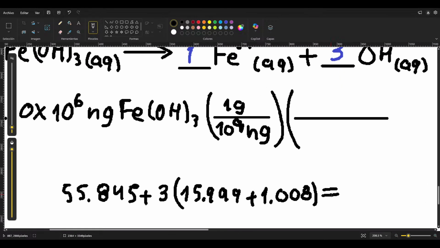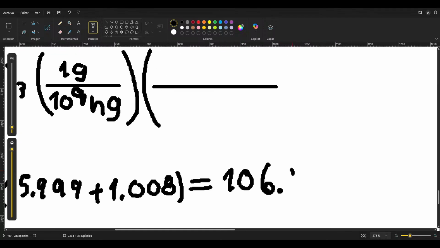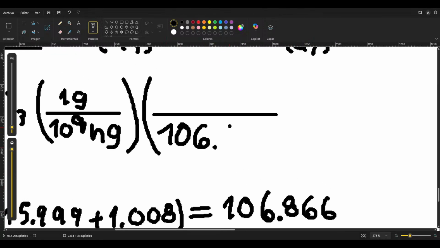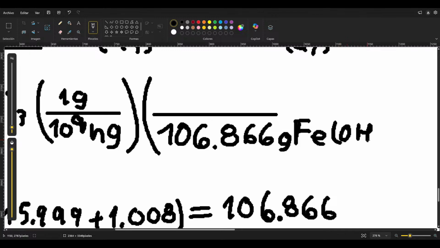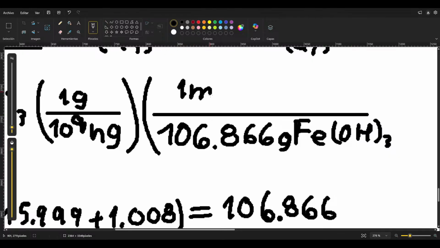So this molar mass is going to be 106.866. So grams of iron 3 hydroxide is equal to 1 mole of the same thing.